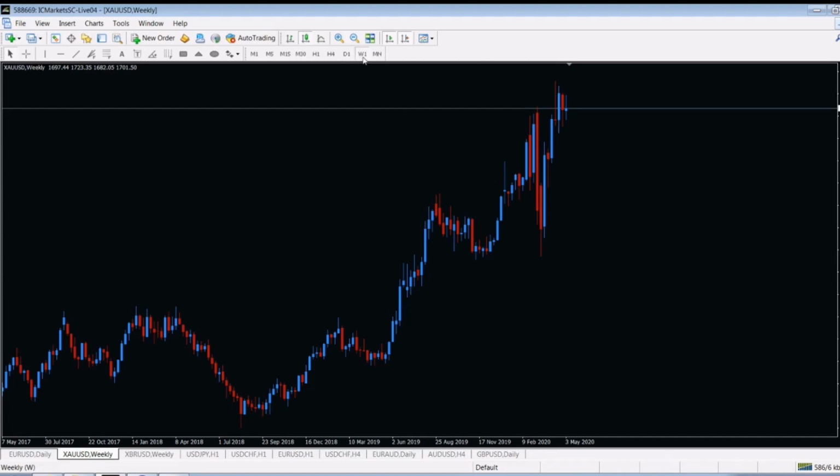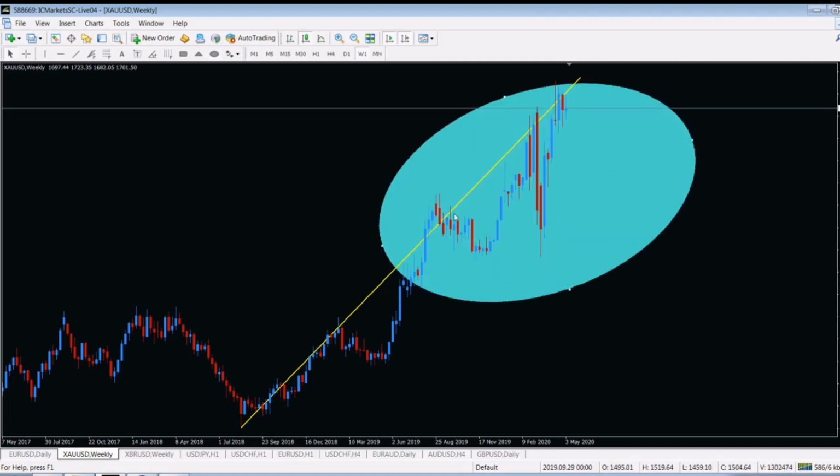It's weekly, it's W1. So let me draw you a trend line in general, like that. That's the trend line. We are not getting into details. So you see the market is going smoothly, cycling, and boom, we got this coronavirus over here, which is incredible.